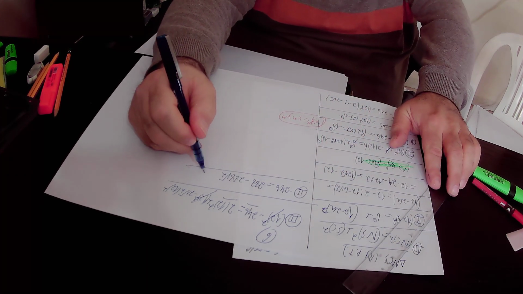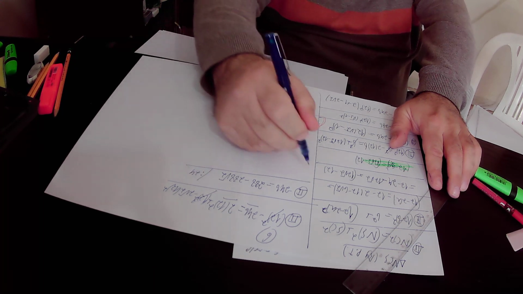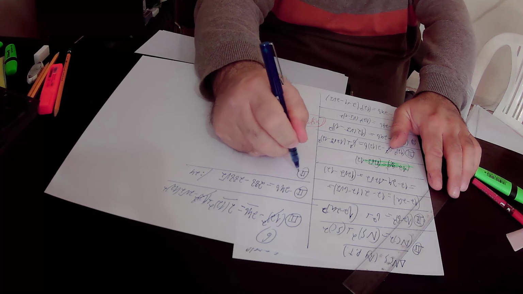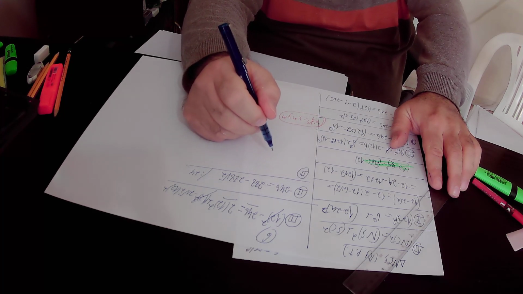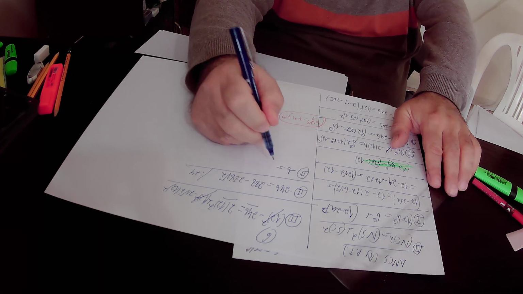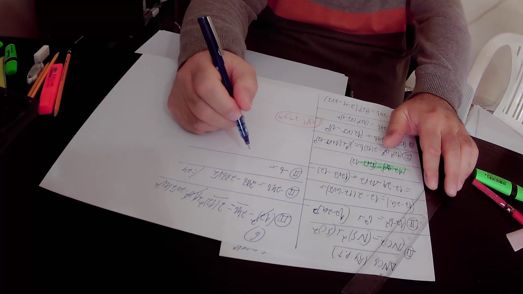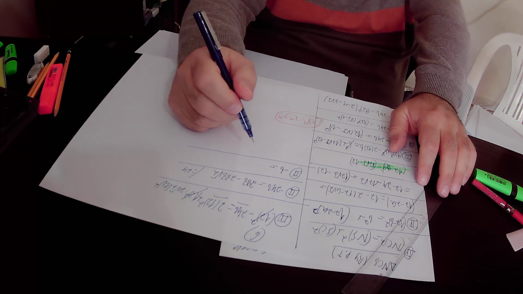Here we will divide equation number 2 by 24, and we will get that according to equation number 2, minus 24B over 24 is minus B, that equals 288 over 24, which is 12.